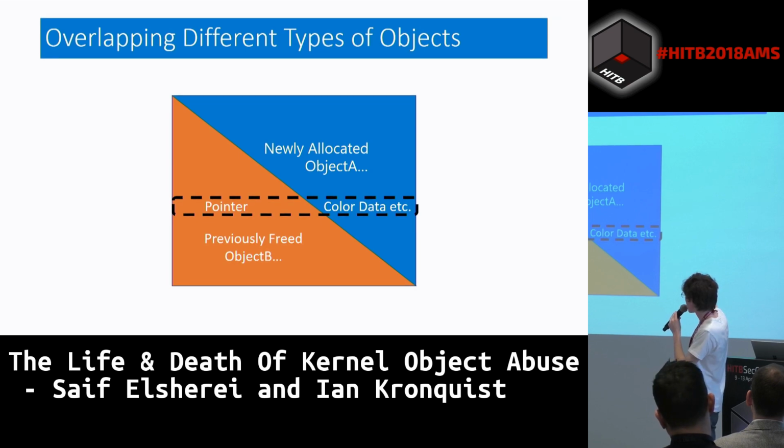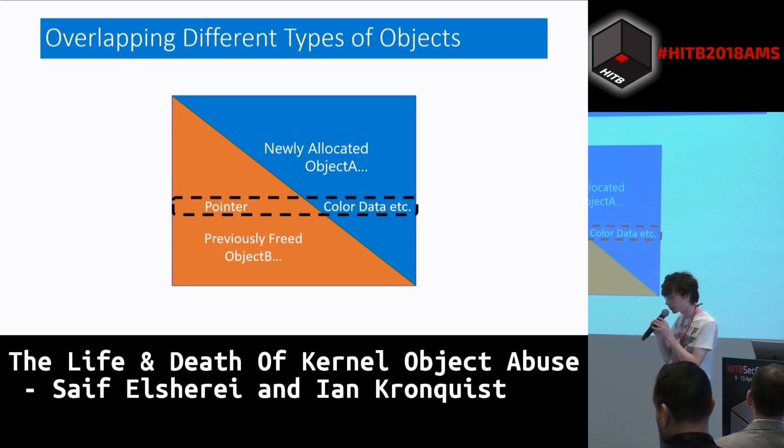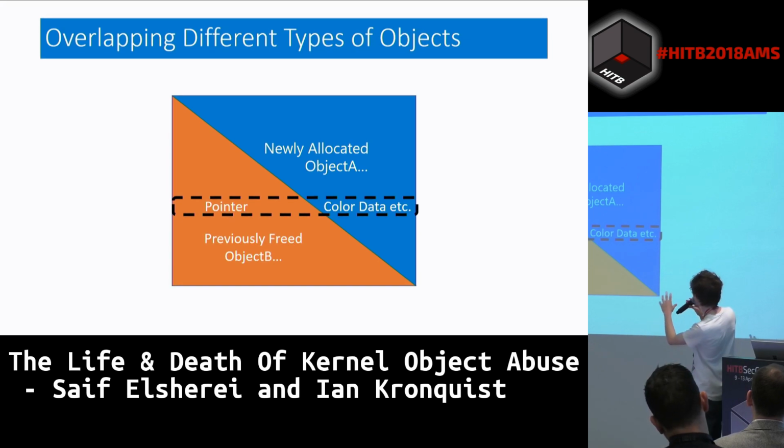And then, by changing the color data to look kind of like a pointer, they can now read and write memory, just like Saif was showing you earlier. So we have to prevent objects from overlapping with each other like this. We need to isolate these two types and keep them away from one another.